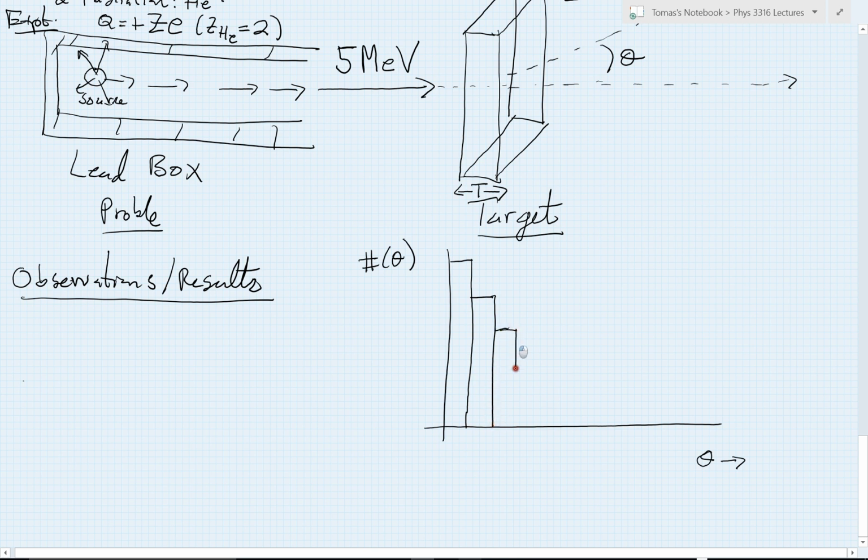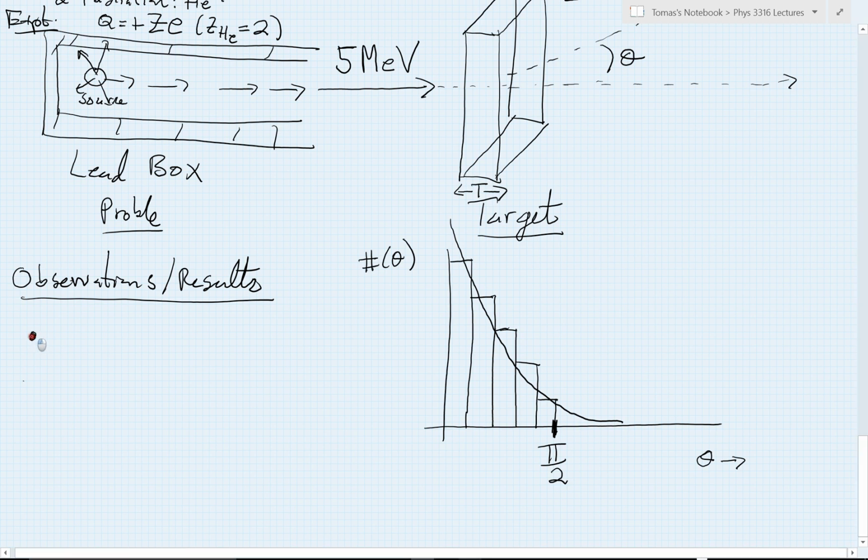If you're extremely patient and count thousands upon thousands of these, you can end up with a very finely defined histogram, which eventually will converge into some kind of continuous curve, which you can measure and has some angular dependence, and here maybe would be about an angle of pi over 2. It's just a sketch. Now, when they look at these results, they find some very interesting things.